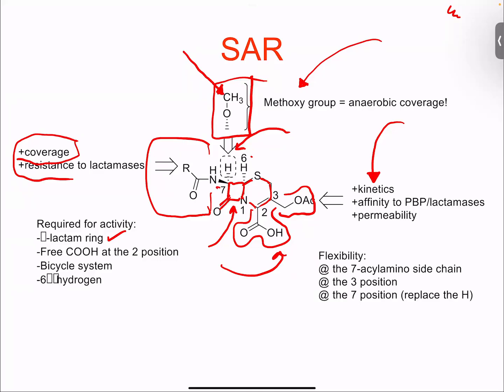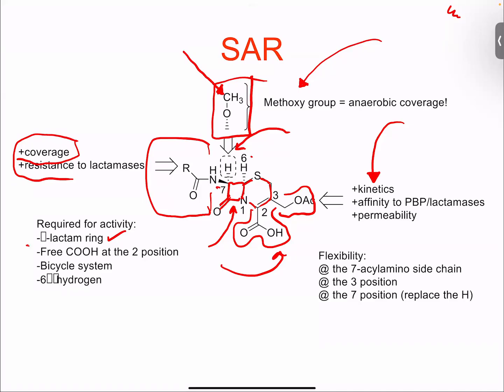So gram-positive coverage goes down a little bit, gram-negative coverage is enhanced. And what's suggested by that is the substituents, the thiazole ring in particular, coming off the 7th position, is responsible for enhanced gram-negative activity. And I will show you a picture of that as well.